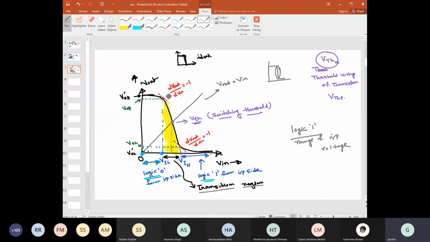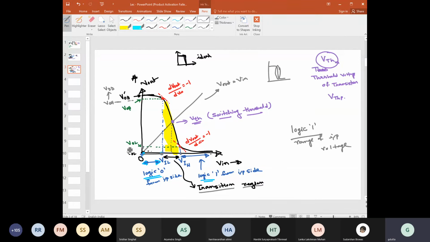So you can see, if we consider any voltage between 0 volt and VIL as logic 0, then any voltage from this VOH level up to the highest value available to a particular inverter system, that is VDD, can be considered as output logic 1.